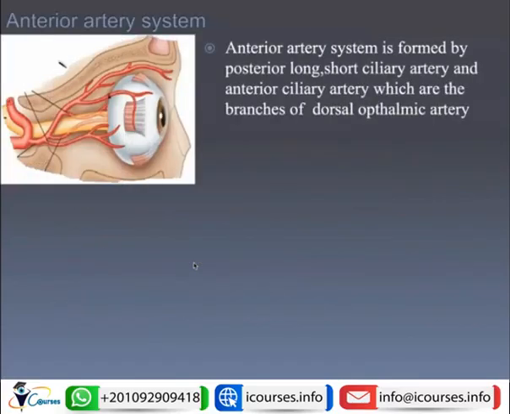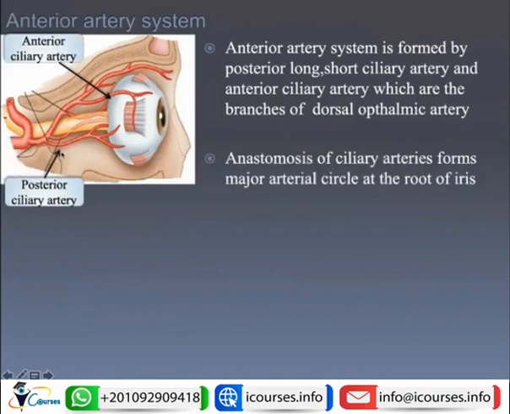So the anterior system, as you can see here, is the anterior artery system formed by the ophthalmic artery, the long and short posterior ciliary arteries, and the anterior ciliary arteries, which are branches from the ophthalmic artery. Here are the anterior ciliary arteries and the posterior ciliary arteries, and here is the ophthalmic artery.